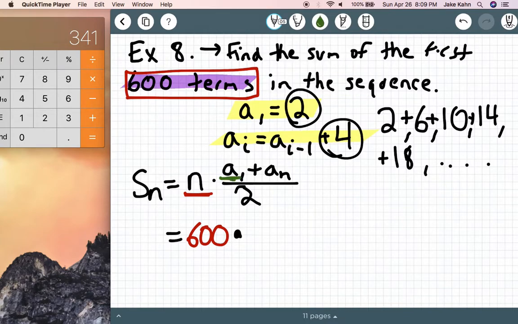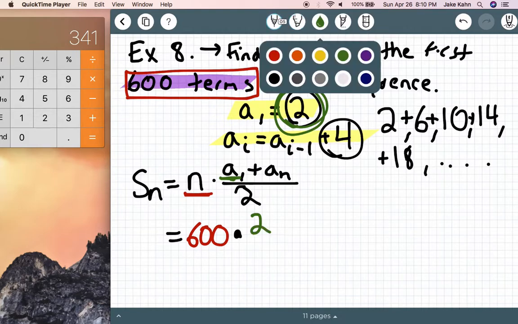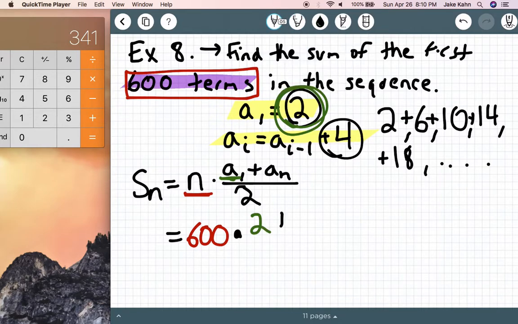What is A1? A1 is the first term, and it's given to us. It's right here. The first term in our series is 2. So I'm going to have 2 plus AN, the last term in my series. What is the 600th term in my series?